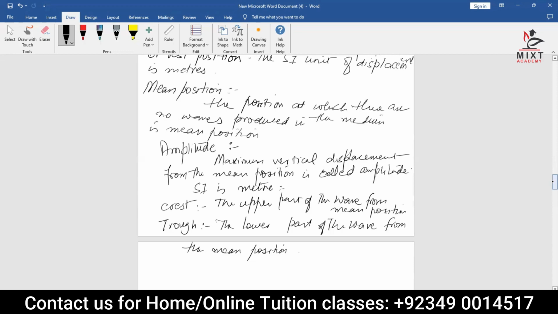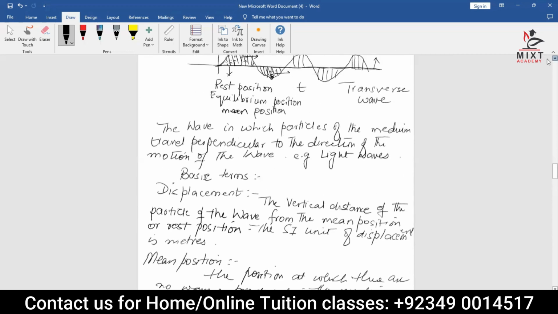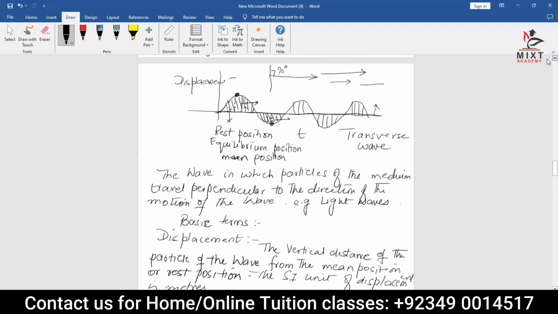Now another thing. What is meant by time period? Who will tell me this? Time period. Yes. What is time period in case of these waves? Anyone?